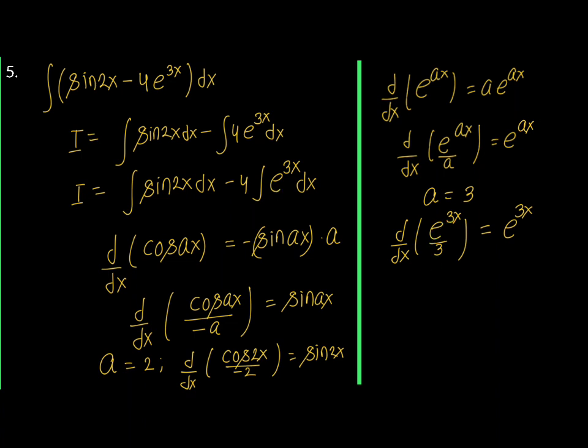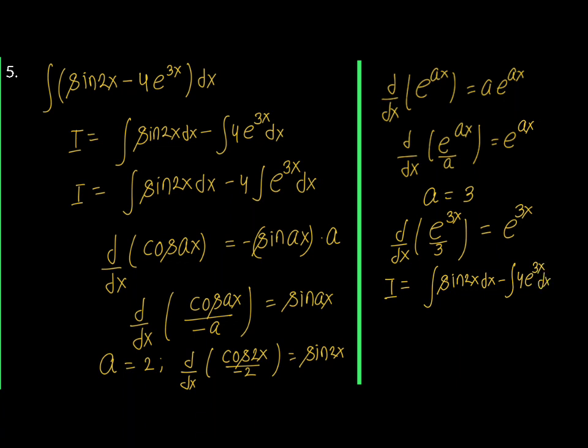Now I can write I, that is equal to integration of sin 2x minus integration of 4 times e to the power 3x.